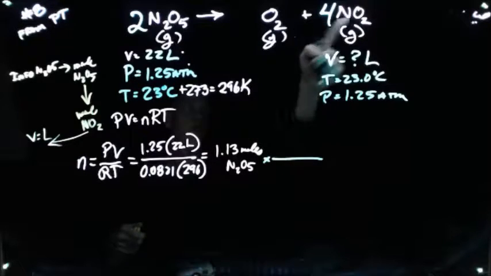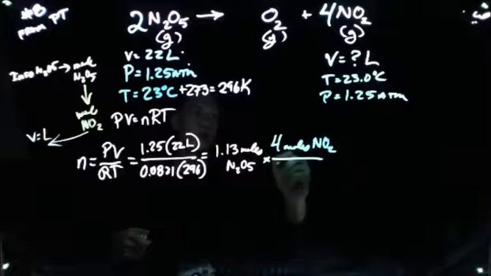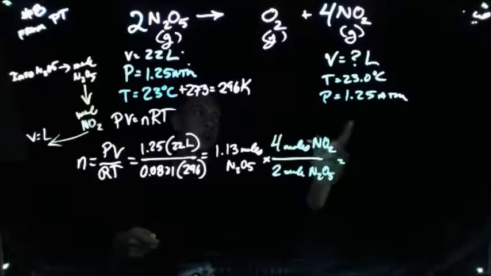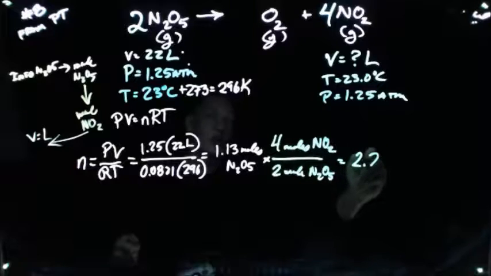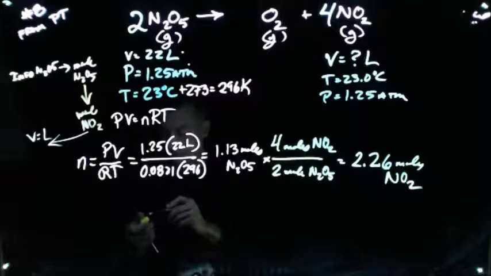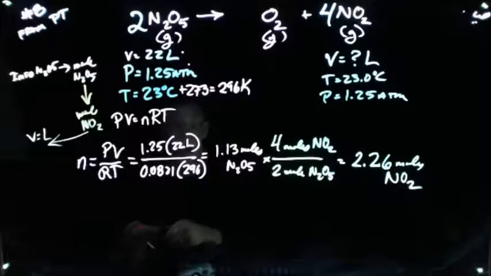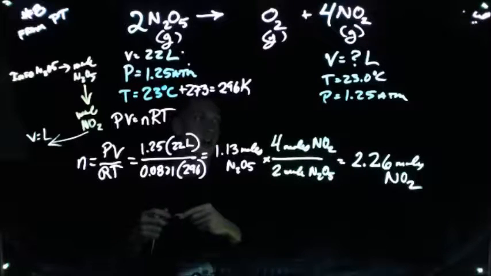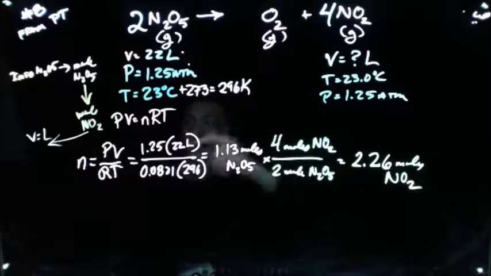And then when I want to convert that, it is 4 moles of NO2 for every 2 moles of N2O5. So times 2, it's going to be 2.26 moles of NO2. And now I want to find volume in liters. I know moles, I know pressure, I know temperature. I want to solve for volume. So again, I'm going to use the ideal gas law, PV equals nRT.